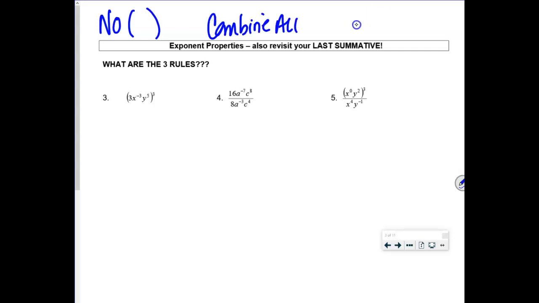Very good. Combine all the things and no negative exponents. Cool. So look at number 3 with me, Jason. What would you like to do? Very good. To whom? Thank you. See, I can't trick anybody today.